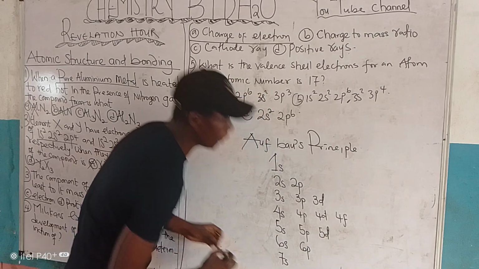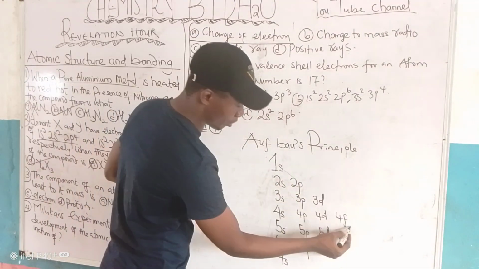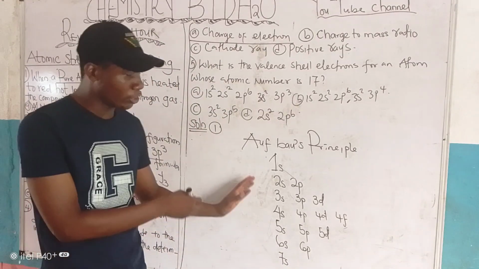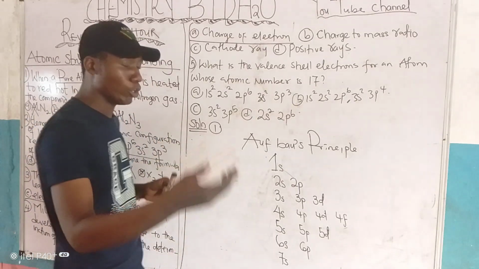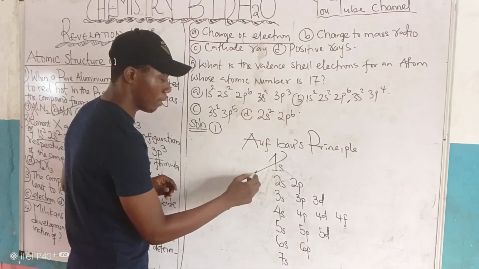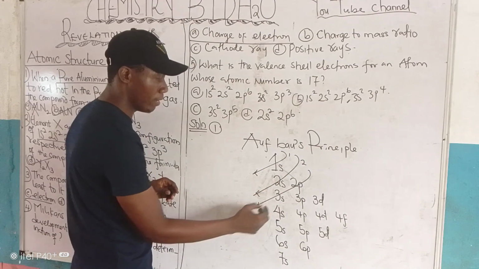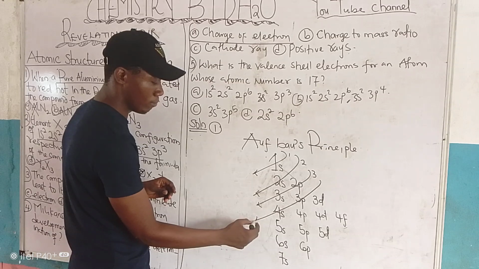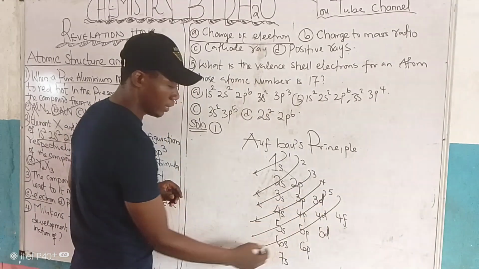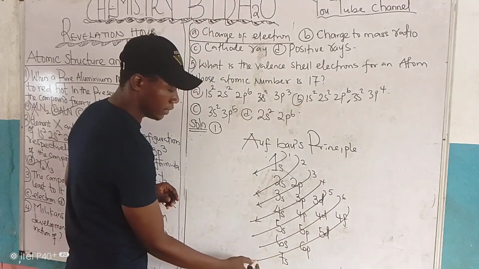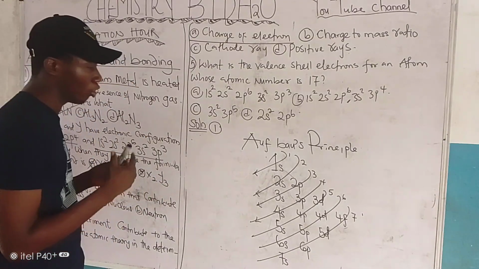Please make sure you have a Pascal triangle, as you can see on the board. Now if you have this triangle, you can arrange these orbitals in a horizontal format by following the steps like this. This is number 1, 2, 3, 4, 5, 6, and 7.